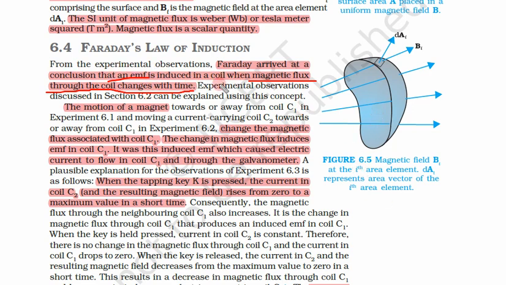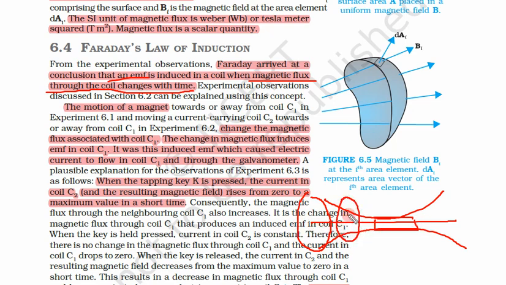So how can this magnetic flux be changed? Suppose we have this bar magnet. So magnetic field lines are something like this. When we bring something closer, previously the coil was here, so we had fewer lines, but as soon as we bring this closer or move the magnet, there are more lines in this coil.